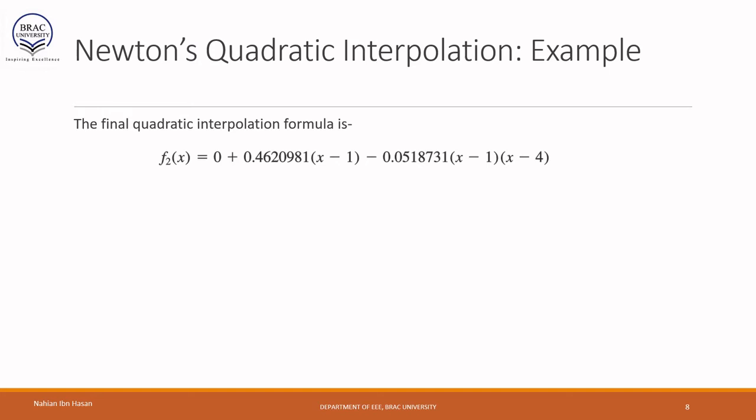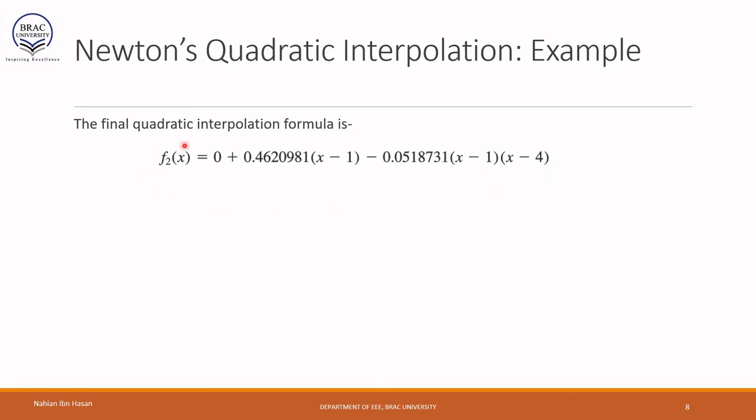Once we get these 3 coefficient terms, we can easily substitute them into the main equation of the second order polynomial, which is something like this: b0 plus b1, which is 0.462091, times x minus x0, which is 1, plus b2, which is here minus 0.051871, times x minus x0 times x minus x1.